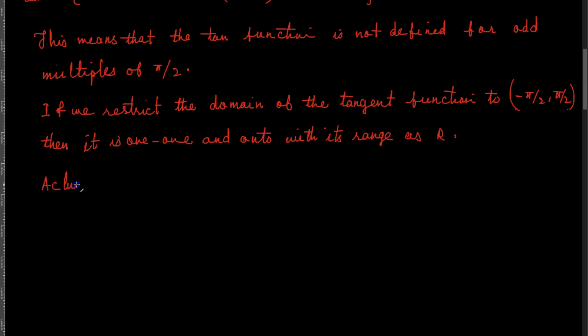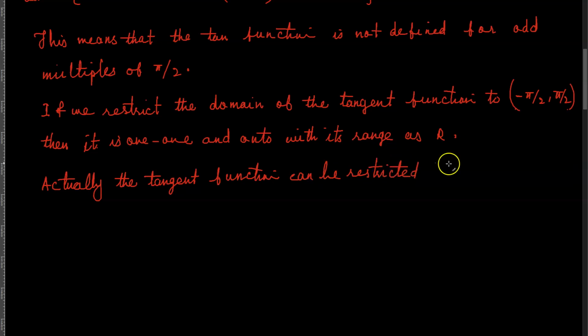Now, instead of that, you could do anything. For example, the tangent function can be restricted to basically any of the intervals. For example, you could go for negative 3 pi by 2 to negative pi by 2.